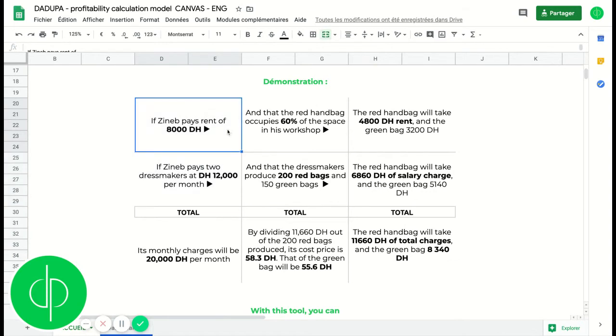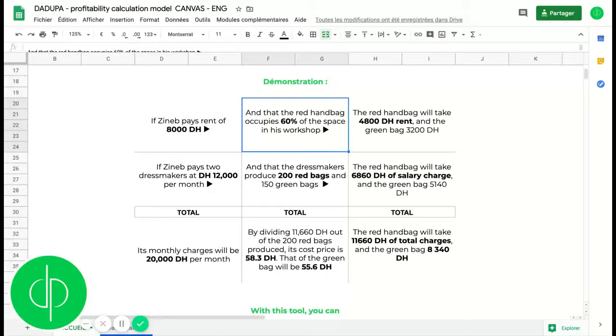For the 8,000 of the rent, we will have to identify which percentage goes to the red handbag and which percentage goes to the green handbag. Imagine that the red handbags are occupying 60% of your space.